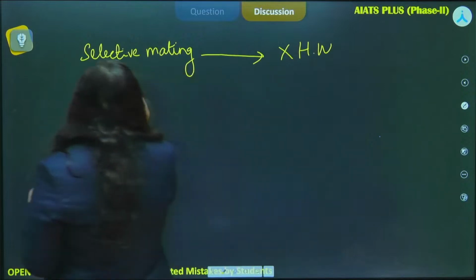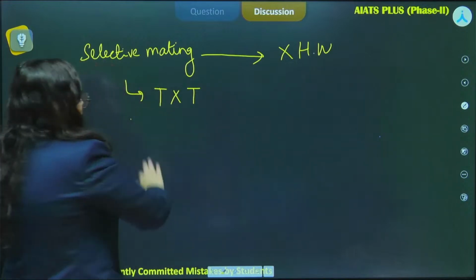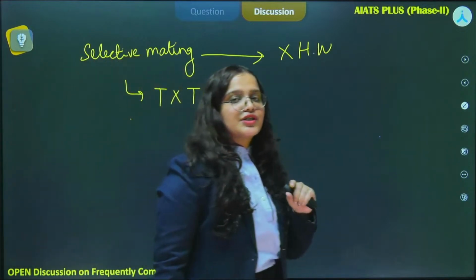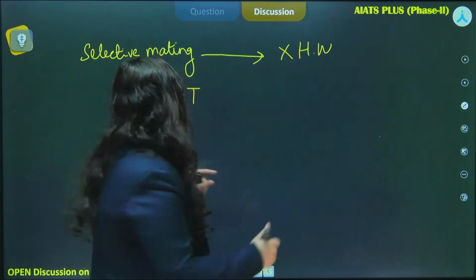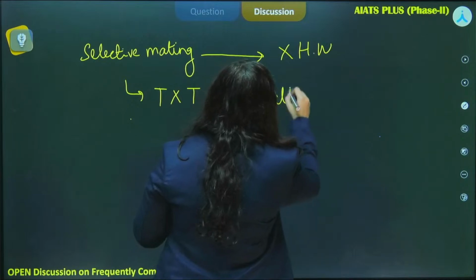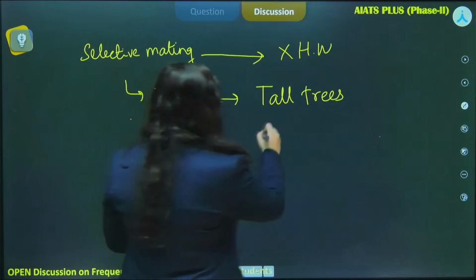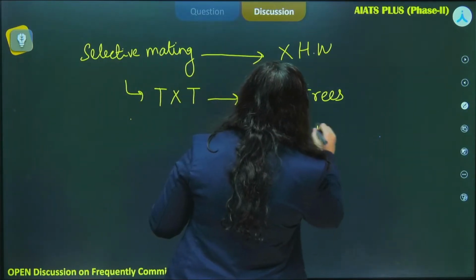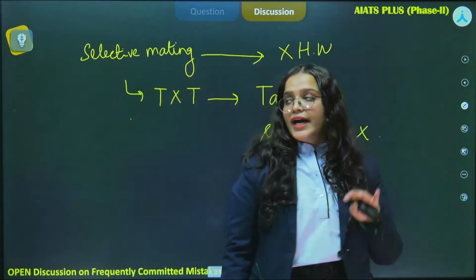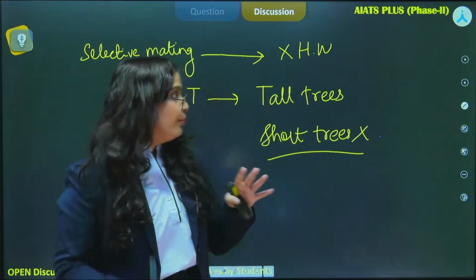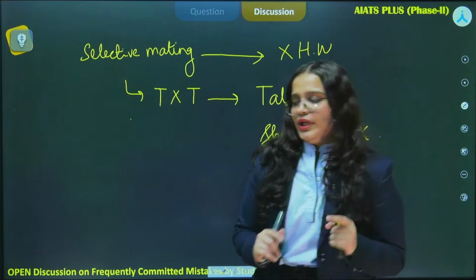For instance, if selective mating is being performed only between two trees that show tall characteristics, it means that in that particular population we will have only tall trees, and this is how the short trees are getting eliminated. And thus this shows that for Hardy-Weinberg to operate, random mating should be exhibited by the population.